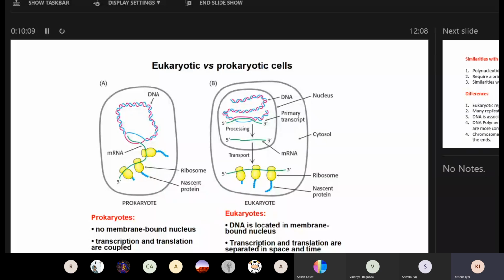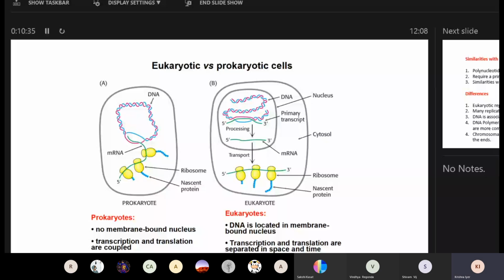Now, jumping ahead a little bit, because in prokaryotes the DNA is in the cytosol. The other function of DNA, if you remember, other than the replicative function, is the function where the message in the DNA is read to give you RNA, and then later that is translated to give you a protein.